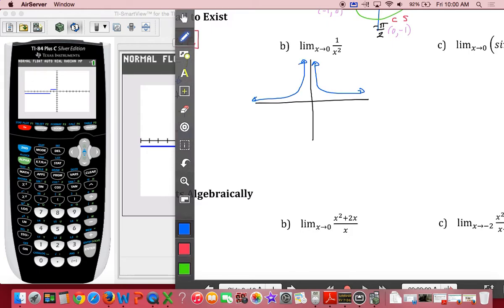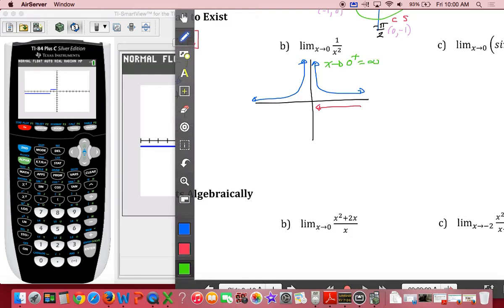So let's look at our limits. As we approach 0 from the right, what is happening to this y value? It's getting larger and larger and larger. So here's how we write that. As x approaches 0 from the right, so that upper plus means from the right, when a number gets bigger and bigger and bigger, what do we call that? Infinity.